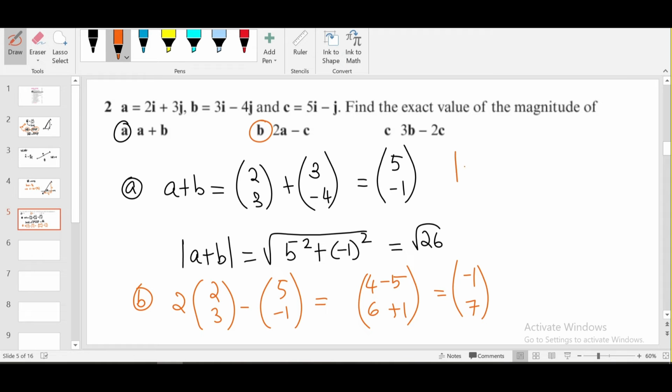So the modulus of 2A minus C is equal to square root of negative 1 squared plus 7 squared, which is square root of 50. Put it in your calculator. I think you will get 5 root 2. You cannot write it as square root of 50. You always need to write it in simplified form.